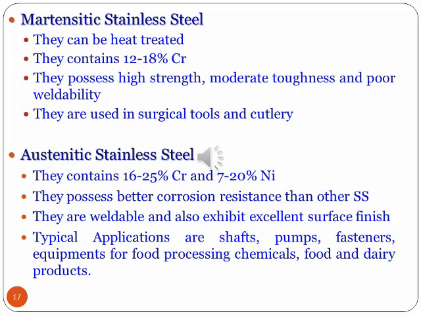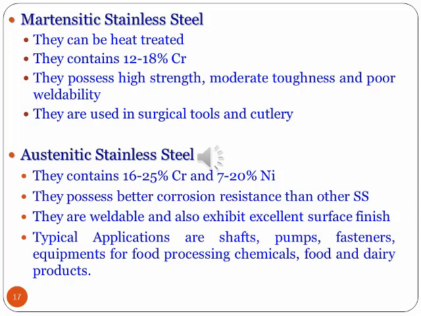So the martensitic stainless steels can be heat treated. They have 12 to 18% of chromium. They possess high strength, moderate toughness and poor weldability. They are used in surgical tools and in cutlery. Whereas austenitic stainless steel contains 16 to 25% chromium and 7 to 20% nickel.